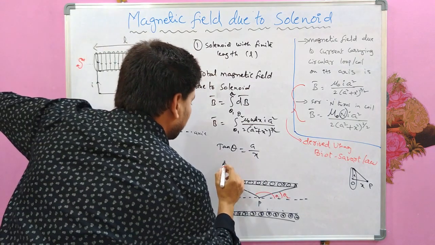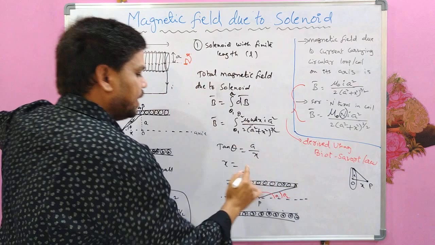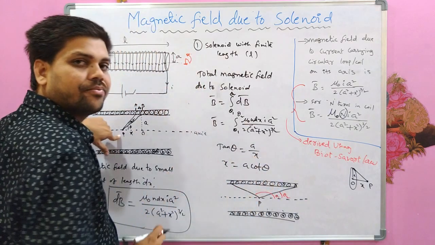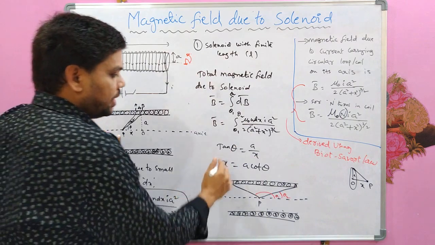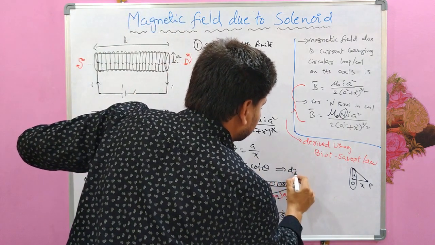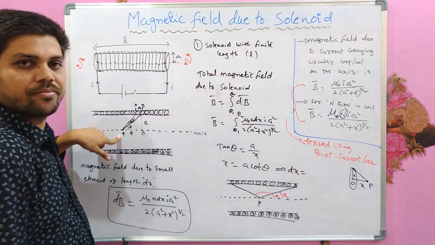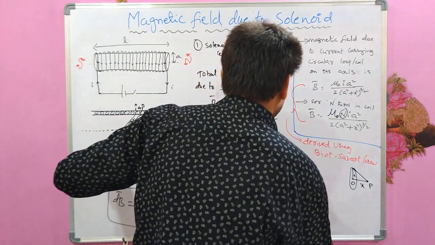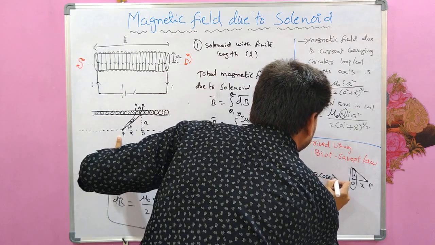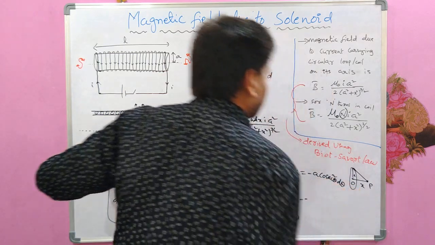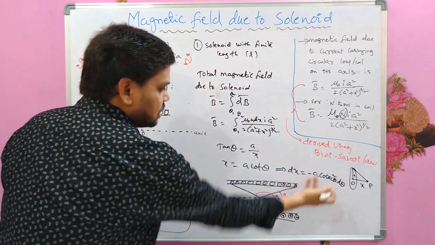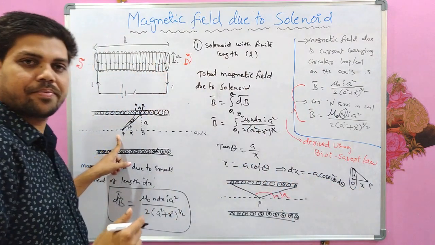Which means what is X? A by tan theta, or you can say A cot theta. Right? So from here, I can write what is dx. dx will be minus a cosecant square theta d theta, cot theta differentiation gives minus cosecant square theta d theta.